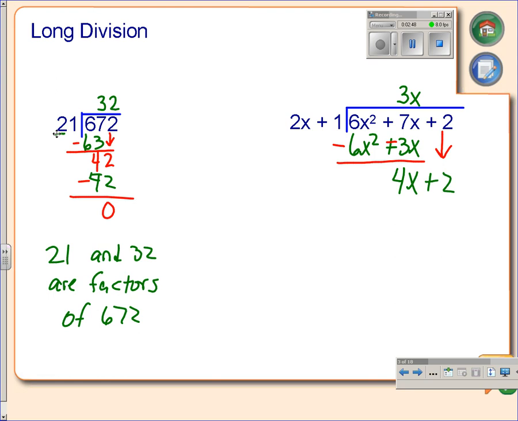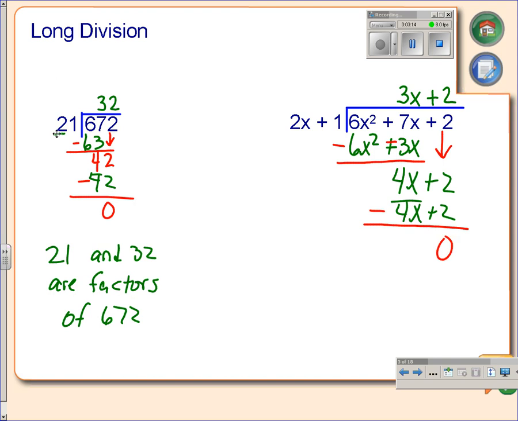Then I'm going to check and see how many times does 2x go into 4x. So 4x divided by 2x is 2. So I put a 2 over the constant term, and then I multiply 2 times 2x plus 1 is 4x plus 2. And then we subtract, and 4x minus 4x is 0. 2 minus 2 is 0, so we get 0.